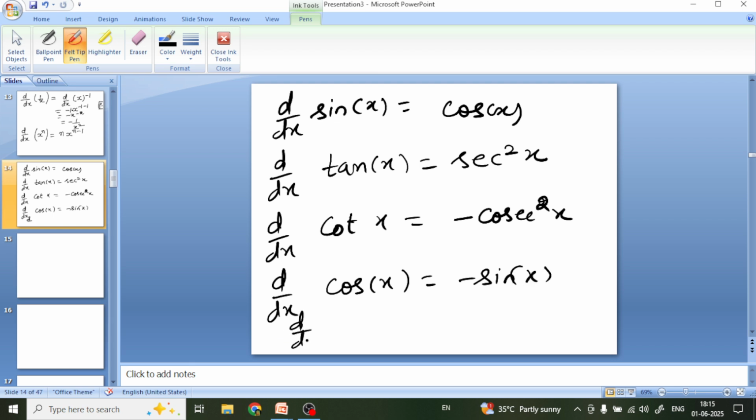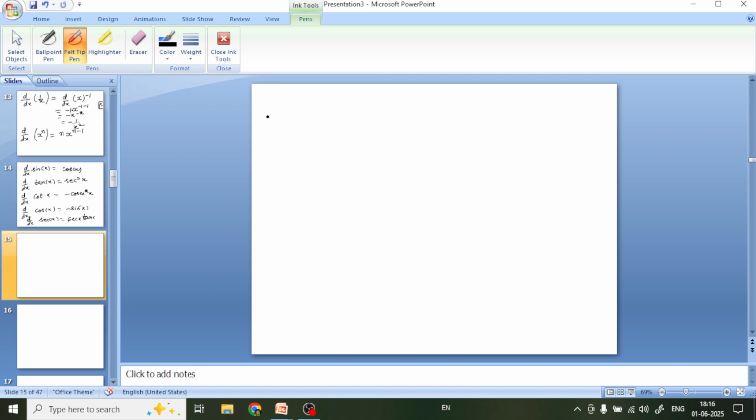Derivative of secant x should be equal to secant x tan x. And the derivative of cosecant x is minus cosecant x cot x.